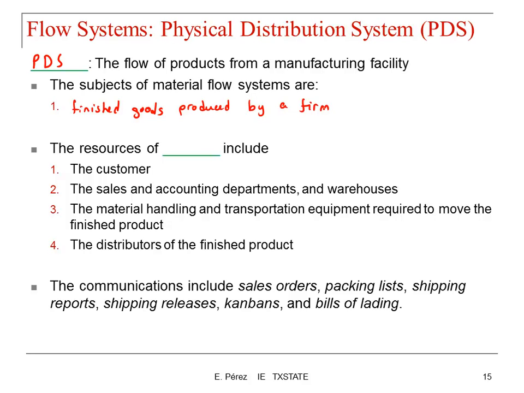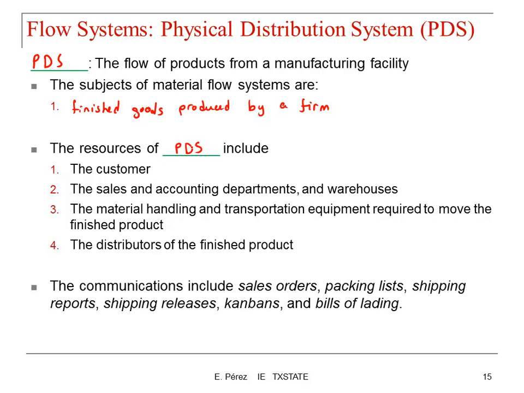And the resources for the physical distribution system include the customer. You're going to be dealing with the customer now. You're going to be selling them the product. The sales, accounting departments and warehouses, the material handling and transportation, you're going to have to move that product to your customer destination, and the distributors of the finished product.